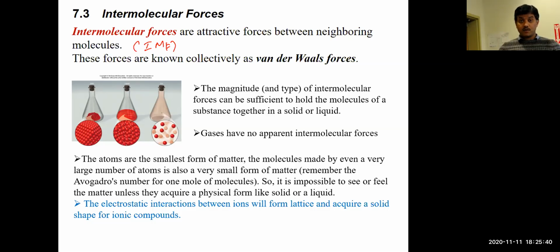If you remember, I showed you the sodium chloride lattice structure, where the negatively charged chlorides attract the positively charged sodium, and they form a regular array of sodium and chlorine. We call that repeated structure a lattice, and that is a solid structure. So ions can easily form solids because they have really strong electrostatic interactions between them.